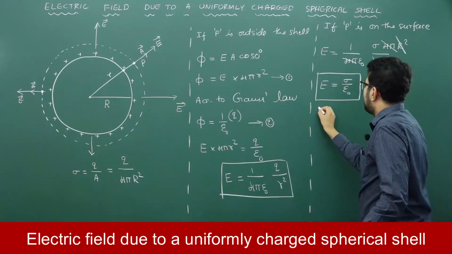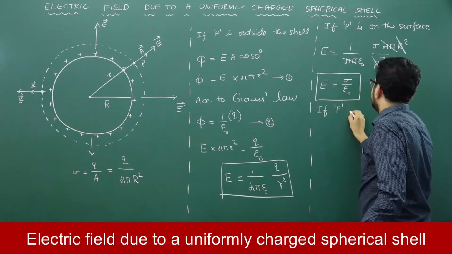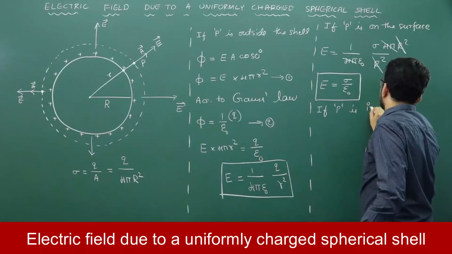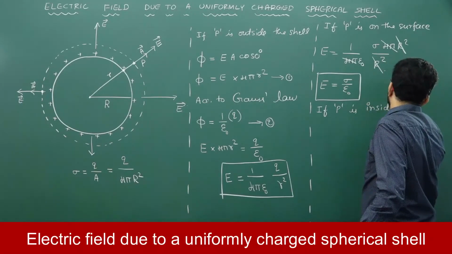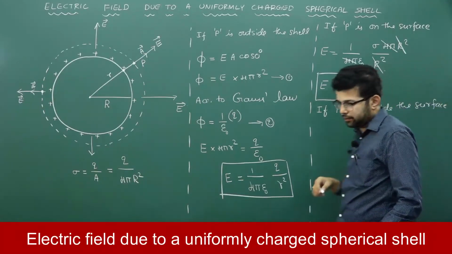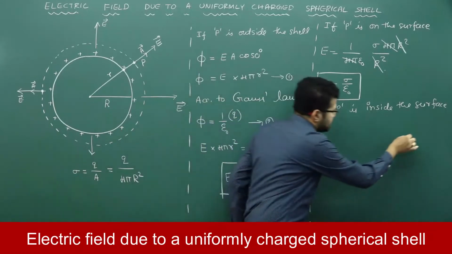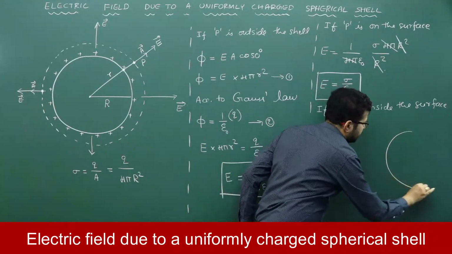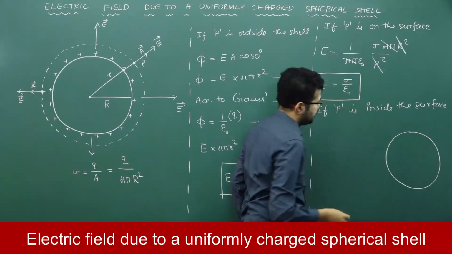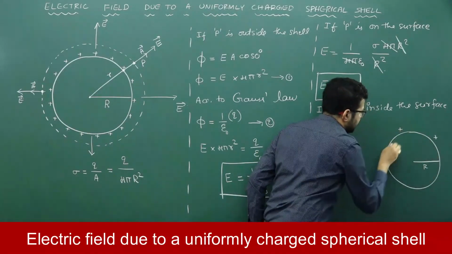Now, if you consider a point inside the spherical shell, if P is inside the surface, so now what happens? Say this is the spherical shell. Radius of the spherical shell was R, charge was equally distributed.